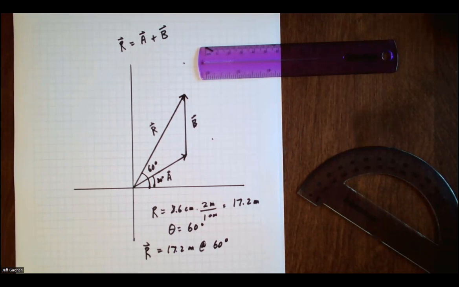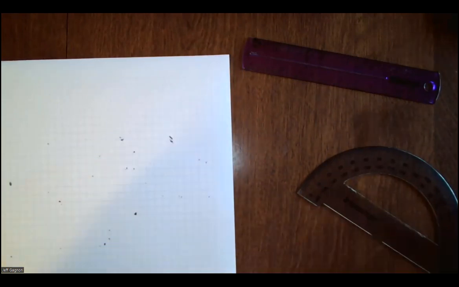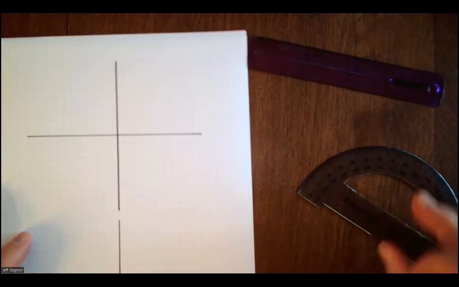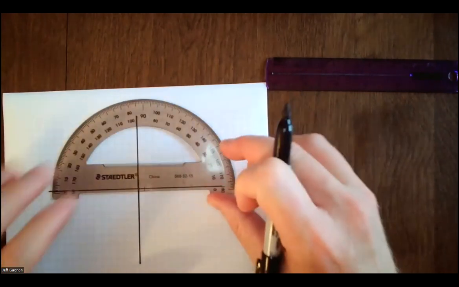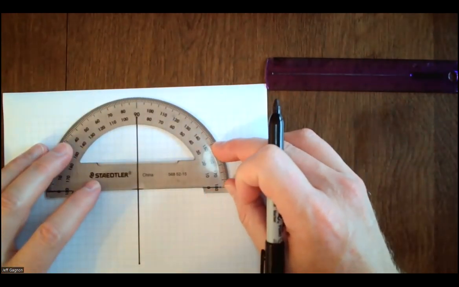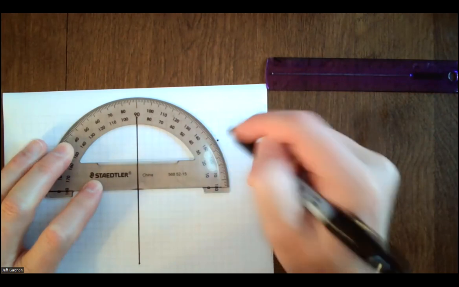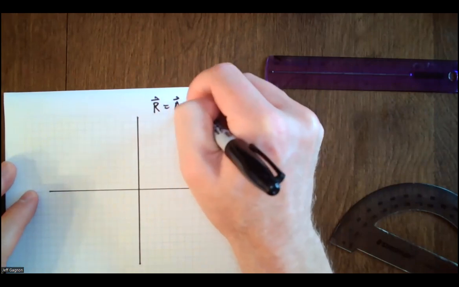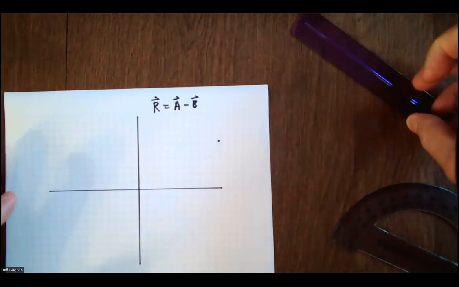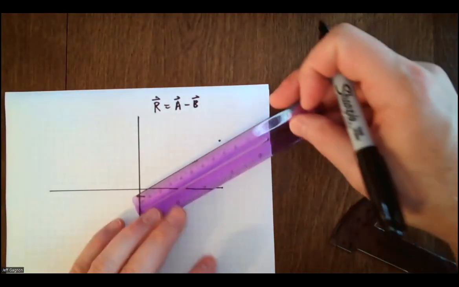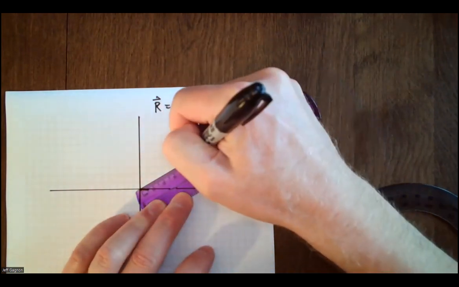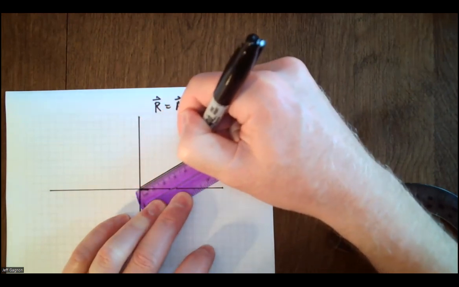Okay, the second one was A minus B. Well, let's see, A minus B. So again, I'll start with A. That was at 30 degrees. So this is going to be R equals A minus B. That again was 5, right? 5 centimeters. Something like that.